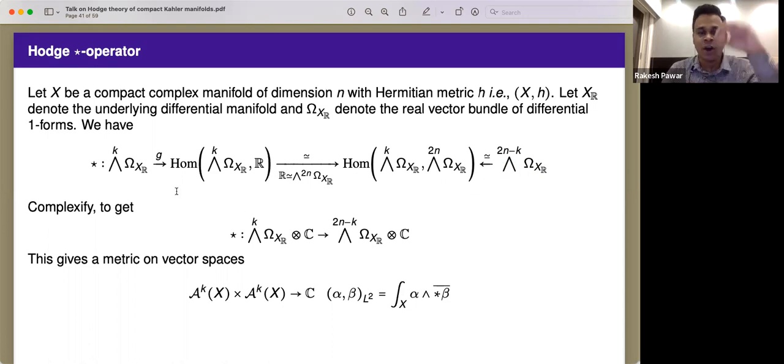So I'm getting an operator from k-th differential forms to (2n-k)-differential forms.